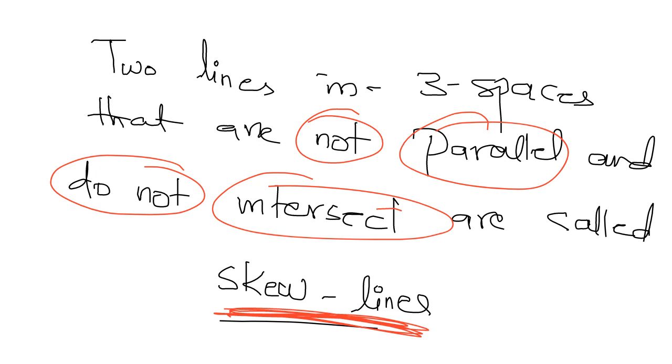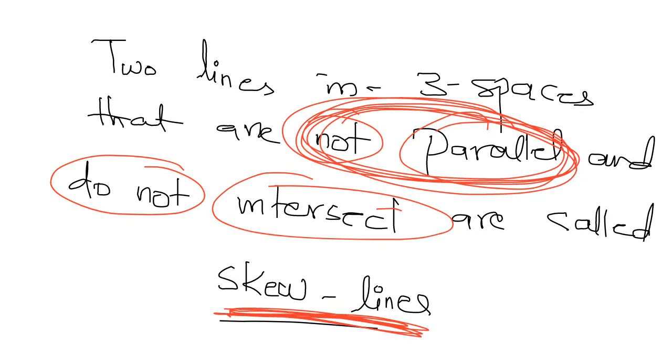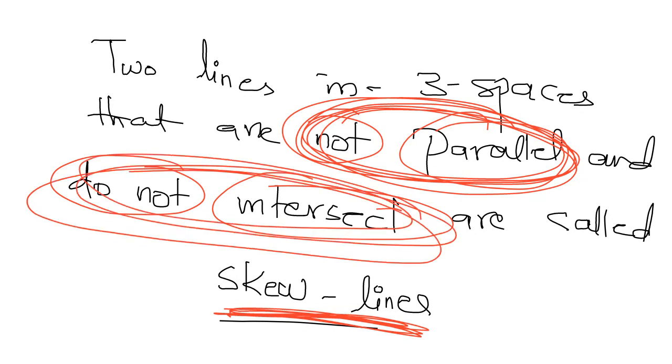Okay, if in the exam I ask you to check whether L1 and L2 are skew lines or not, you have to check first whether they are parallel or not parallel, and whether they intersect or not.